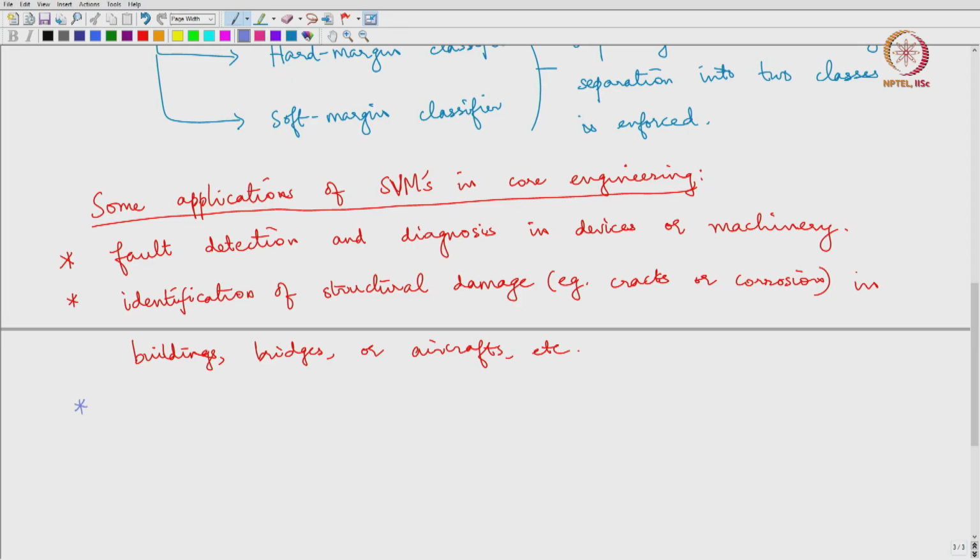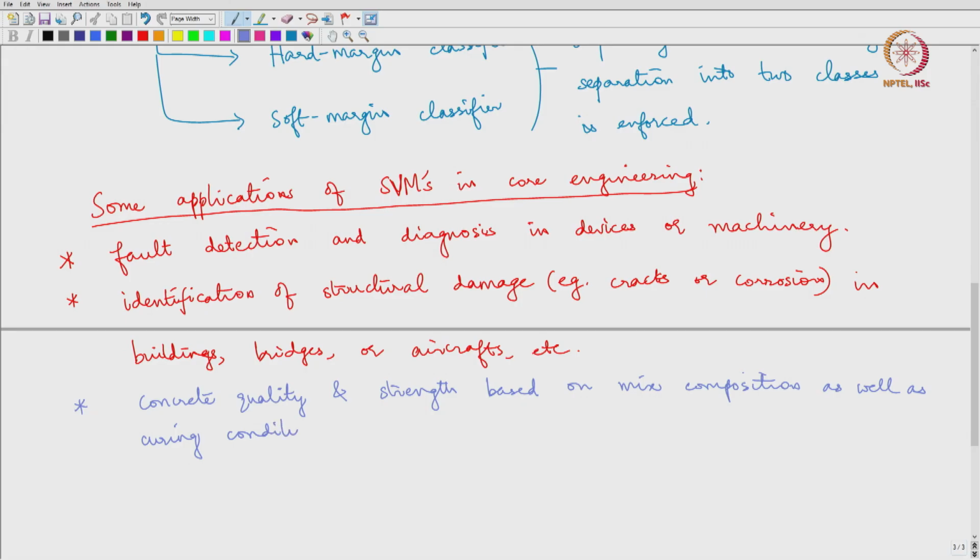Another example again drawn from civil engineering could be the prediction of concrete quality and strength. And this can be based on, let us say, the composition of the mix as well as curing conditions.